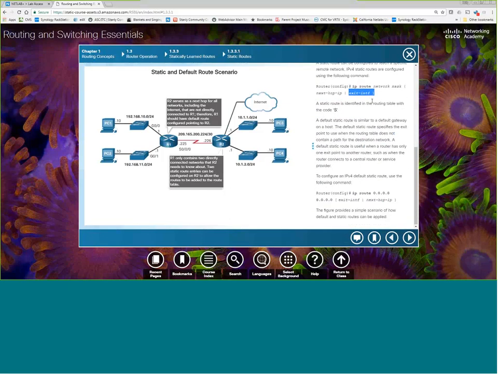A default route is similar to this, but you use the quad 0, which says anything I don't know how to get to. In other words, anything I don't already have a route to, send it here. So in this case, you would do that on R1, so that R1 would send anything it didn't know how to get to R2. R2 would have a default route also, but it would send it up to the internet. And then it would also have a route to 10.0 and 11.0, so it could get over here.